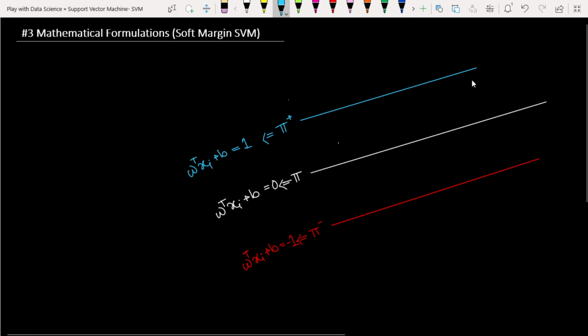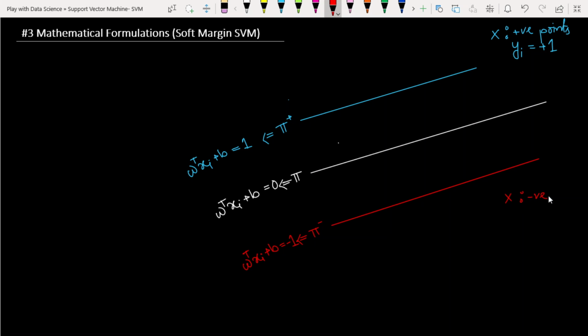As usual, I am using blue ink for our positive points, and for positive points the yi value is always +1. I am using red for negative points, and the yi value for negative points is -1. First let's put our support vectors.